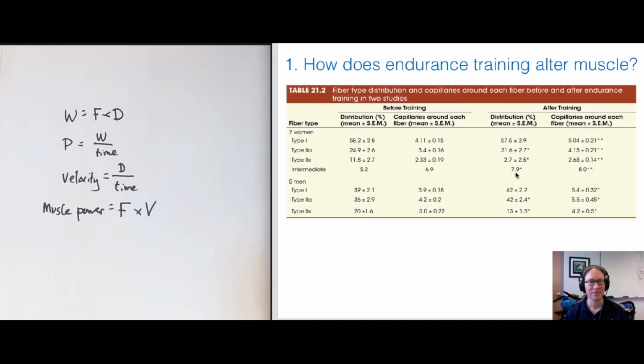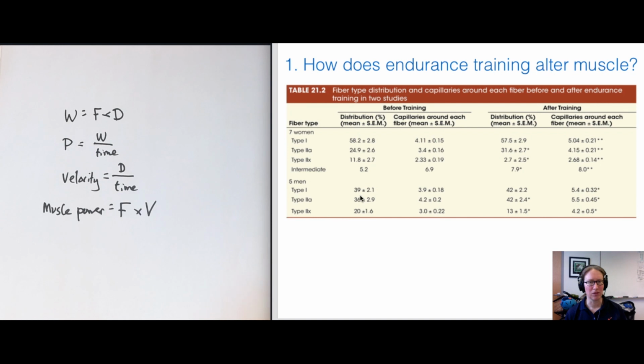Okay, so here's a chart from our textbook that highlights major changes to muscle as a result of endurance training. And so this is broken down according to the major 3 fiber types, and also highlights some differences between men and women. So on the left-hand side, we've got characteristics before individuals experience endurance training, and then on the right-hand side, we've got characteristics after endurance training.